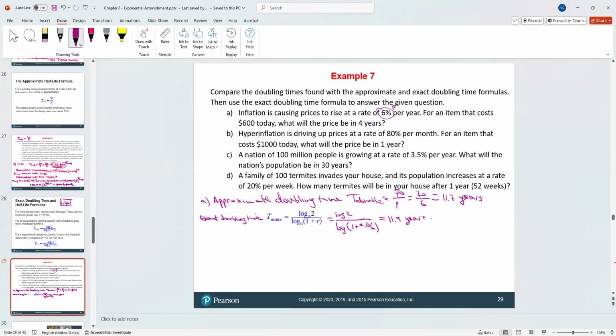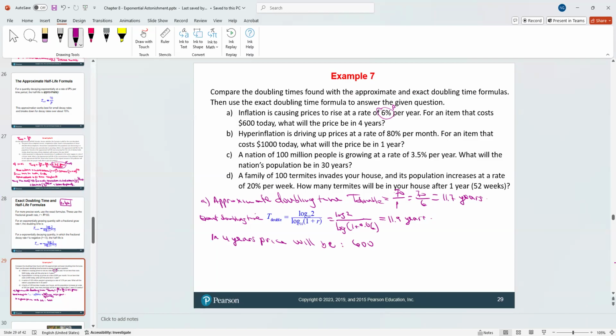But they said, what will the price be in 4 years? So remember the formula to find the price in 4 years. You take the new value, the initial value, 600, and remember you can double it.